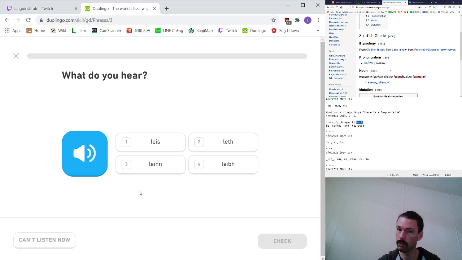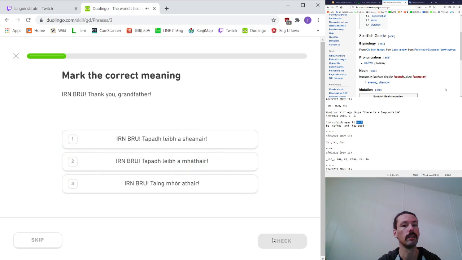Leave. Leave can only be this one. Leis. Leinn. Leibh. And that's probably with you, plural. Tapadh leibh, a sheanair. Thank you, grandfather. So this one's got to be it. These mean mother, father, the last word there.